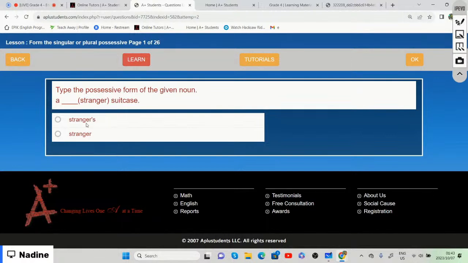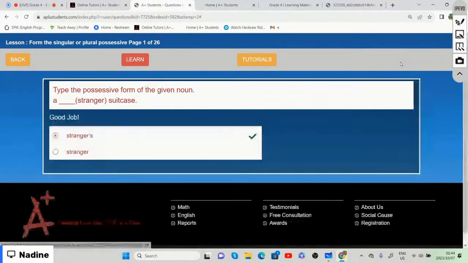So is it stranger's, where we added an apostrophe and S, or stranger suitcase? All right, so if we write the possessive form of that noun, we will say it is a stranger's suitcase, and we add the apostrophe as well as the S.